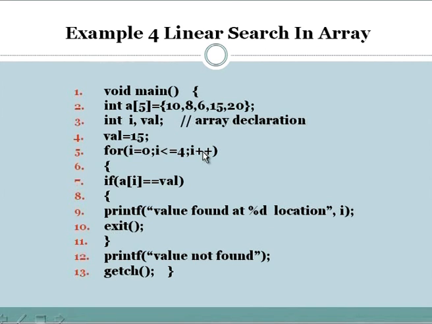I plus plus 3, 3 less than equals to 4, yes, condition is true. If A3 equals to val, A3 is 15 and val is also 15, so the condition is true. Therefore the message value found at location, that is the location at which the value is found, will be displayed. Let's exercise this example on the computer screen.